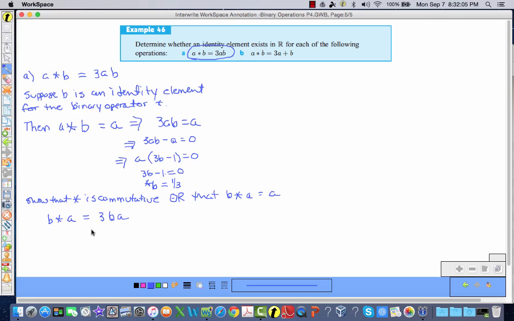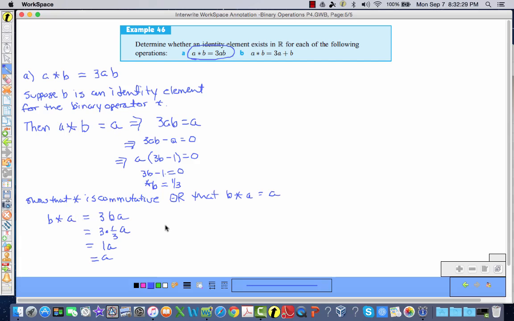Okay, then we're going to replace B with 1/3. And so we would have 3 times 1/3 times A. Well, 3 times 1/3 is 1, so 1A, which is equal to A. So we have shown that B star A equals A, and A star B equals A.